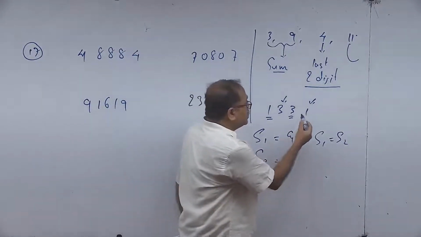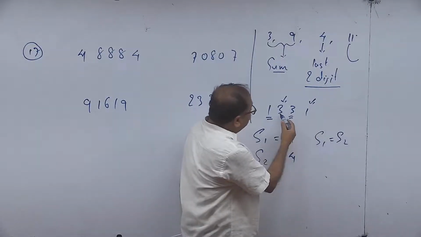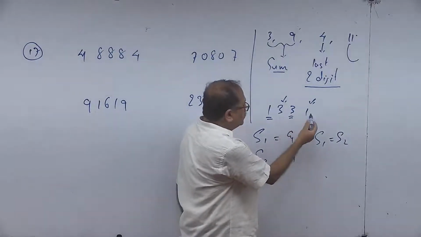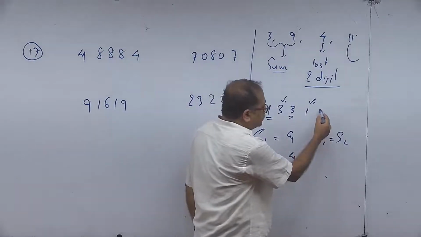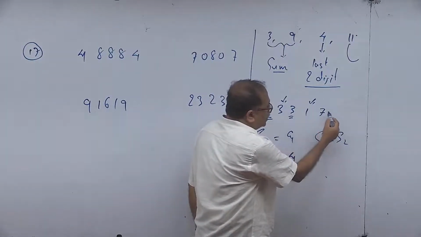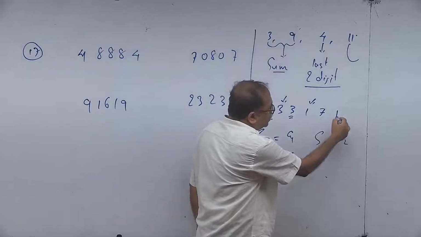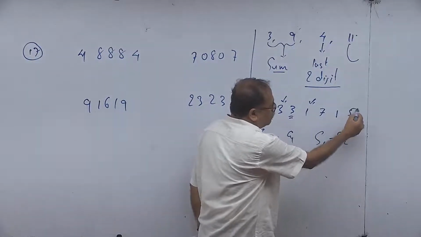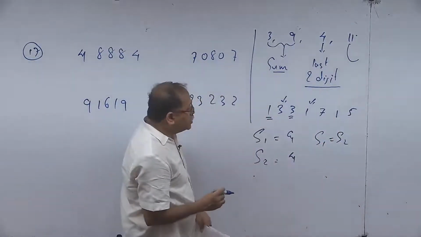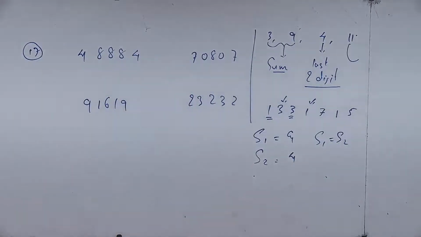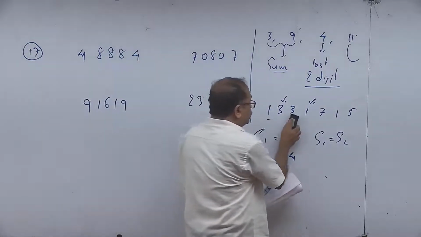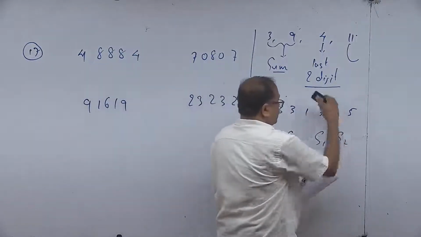For example, I will take this number as 1,331, and then I will consider this as 7, and this as 1, and this as 5. Now, let's check whether this number is divisible by 11 or not. What is S1 and what is S2 in this case?